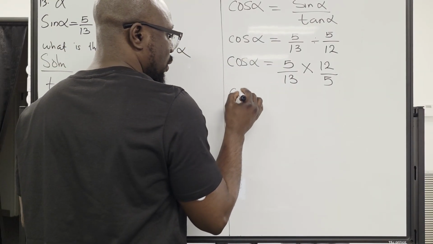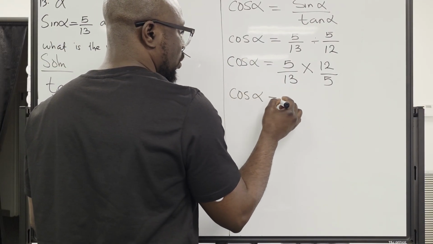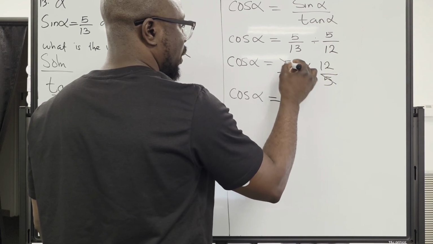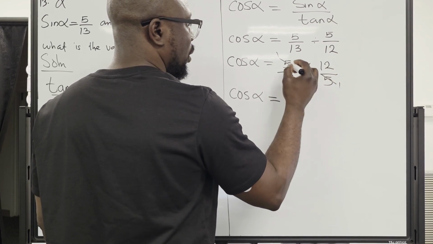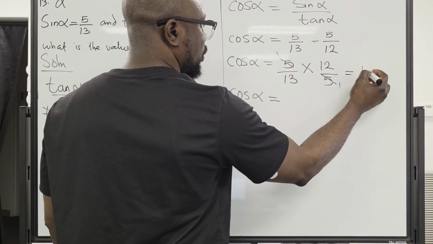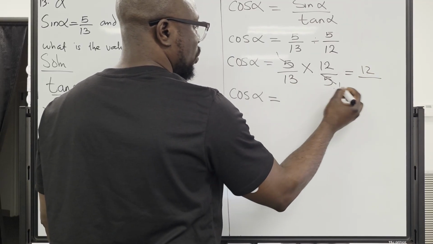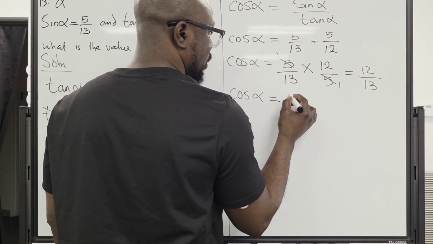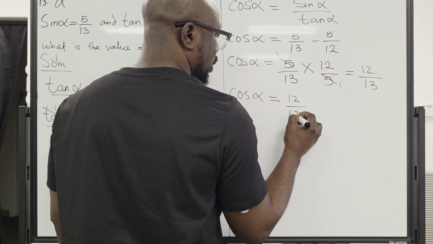So cos alpha is going to be equal to 5 divided by 5, which is 1, times 12 is 12, and 13 times 1 is 13. So the answer here is 12 over 13.